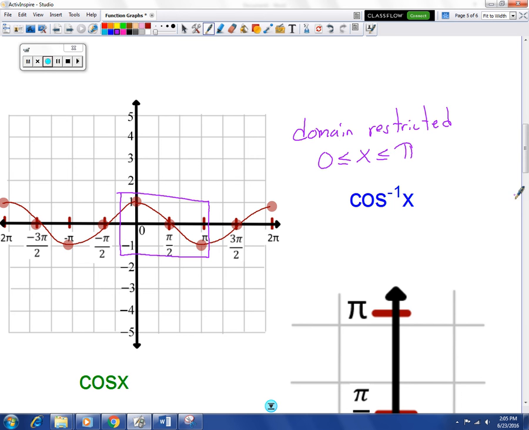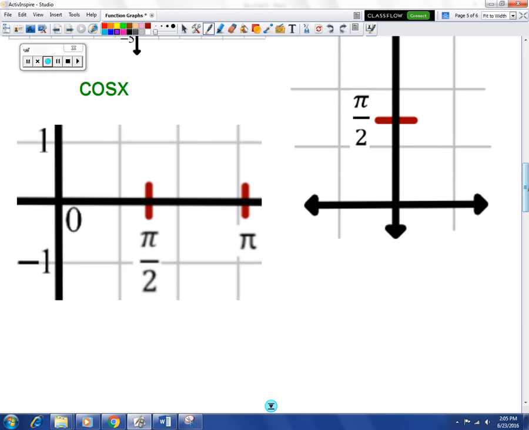Alright, so let me blow that up. At 0, the cosine is 1. At pi over 2, the cosine is 0. And at pi, the cosine is negative 1. So here will be our graph of a regular cosine, not the inverse cosine. Let's do a little t-chart of that.